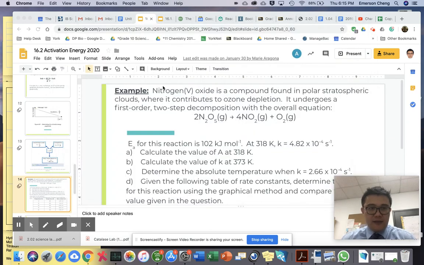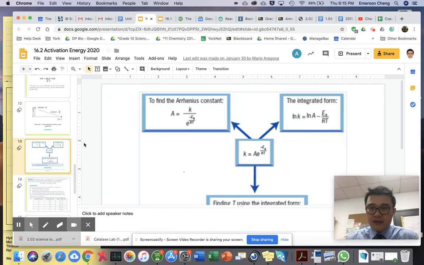Looking at the handout, because you're looking for k, you'll use the other formula: ln k equals ln A minus activation energy over RT.